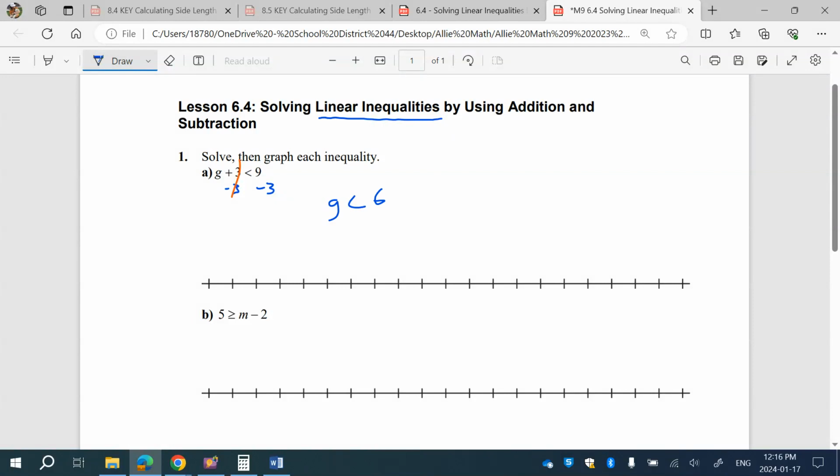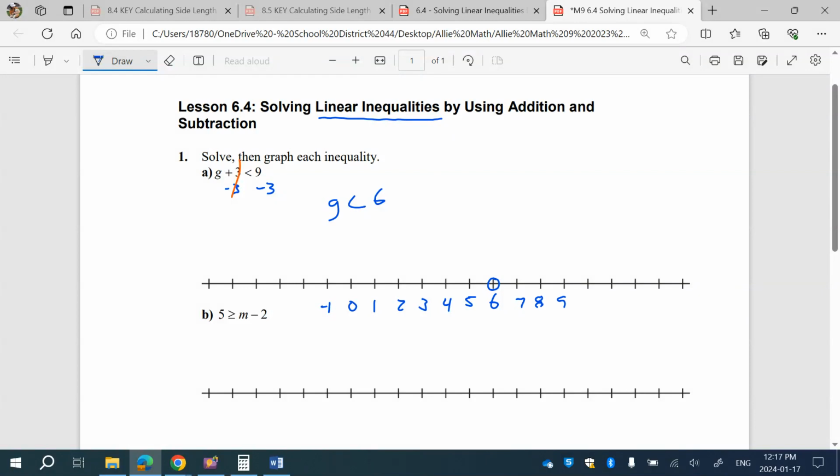And now we need to graph it. So let's do, say, a 6 right here. And sorry, it's not going to be equal to, so that's going to be a circle that's not filled in. We can call this 6. 5, 4, 3, 2, 1, 0, -1. Here's 7, 8, 9.